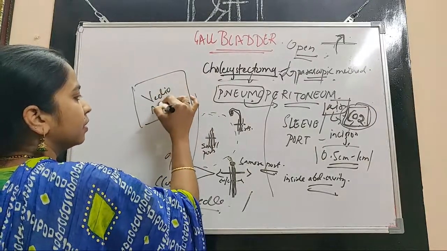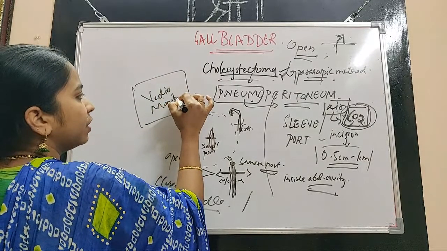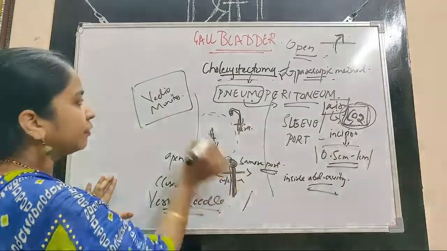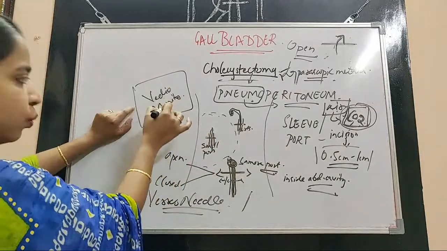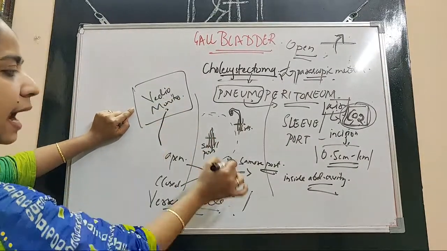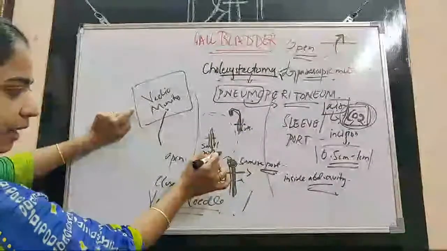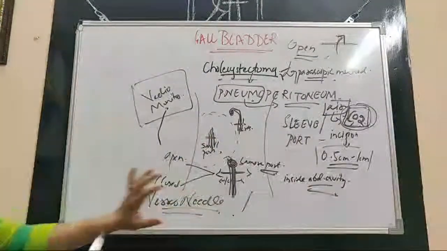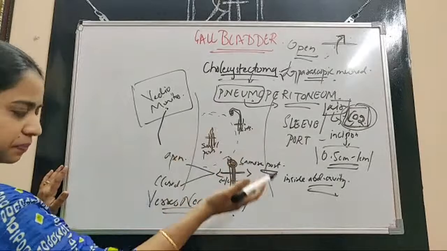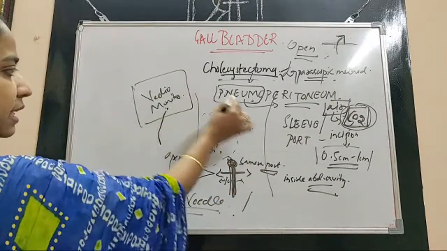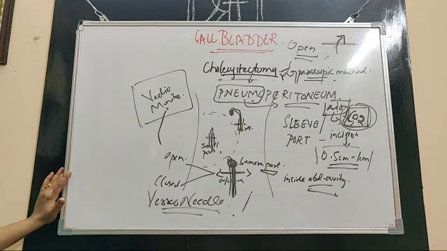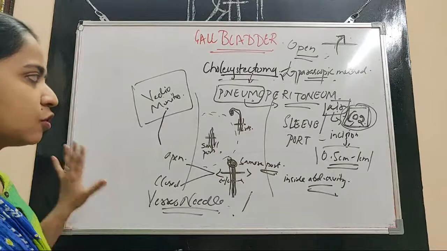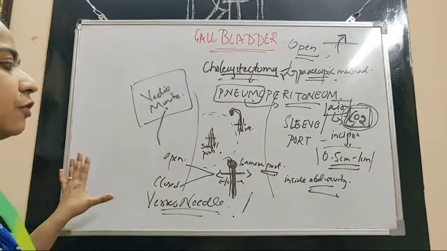Whatever area is seen by the camera is reflected onto the video monitor, which is seen by the surgeon handling these ports. With this visualization, he handles all the instruments, and the operative procedure is carried forward. This is the basic method of how a laparoscopic intervention happens.